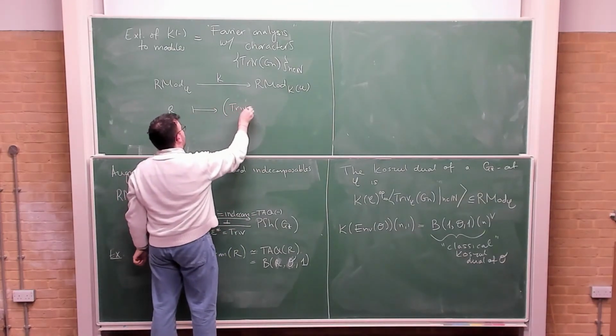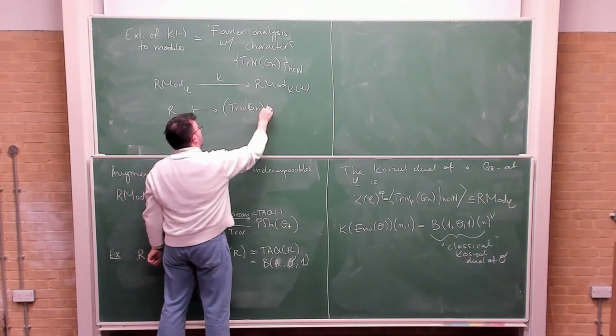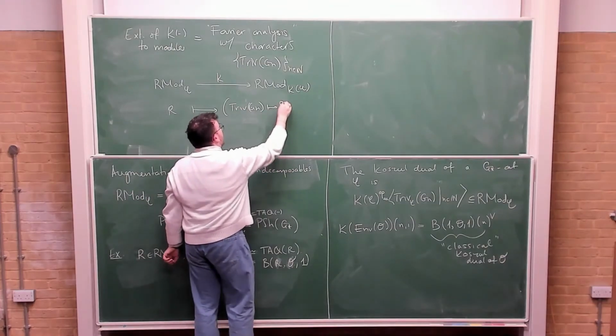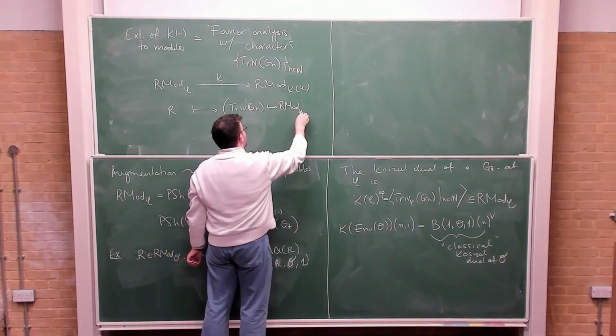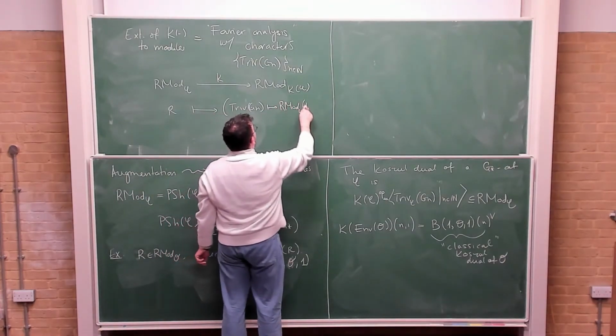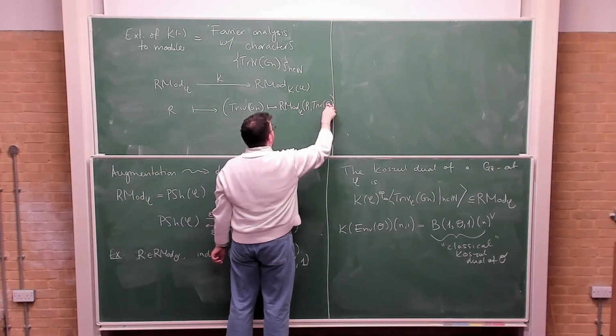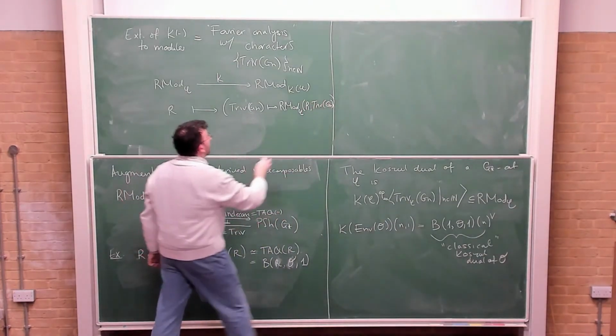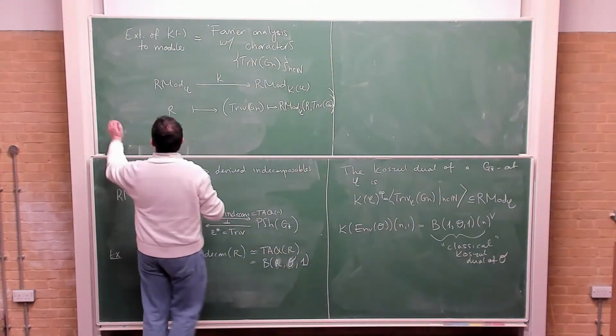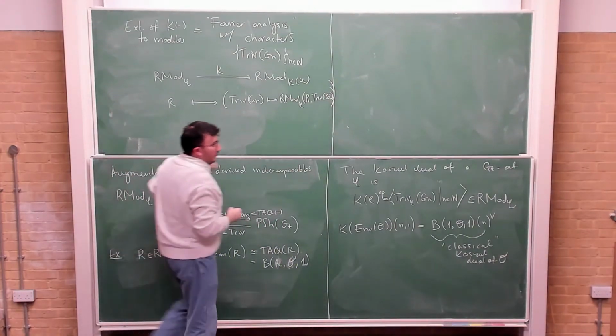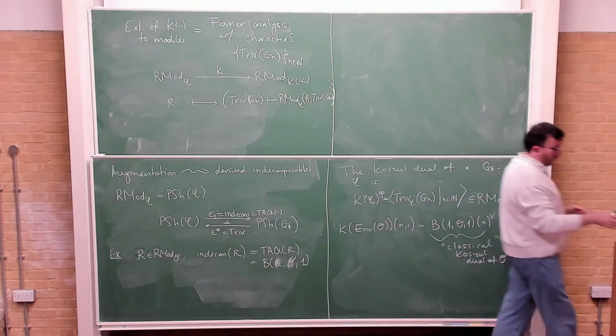And I send trivial and to right module maps in C from or to the trivial in G. Okay, so suppose to think of this as some kind of dual Fourier transform.